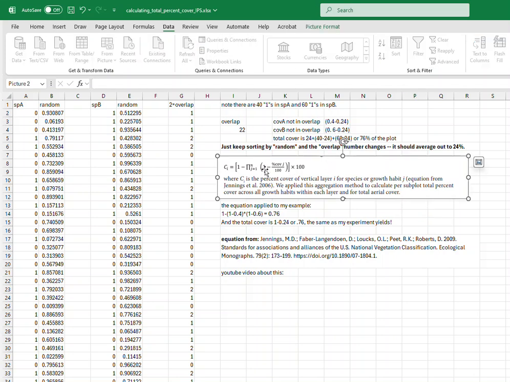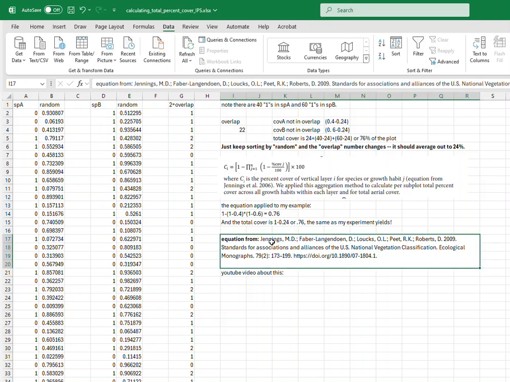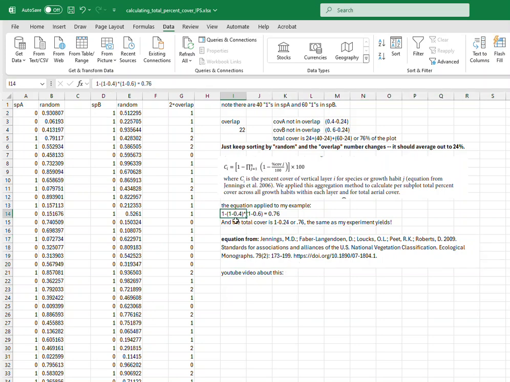But then we take this equation, which comes from this Jennings et al. paper, and we apply it to our example. It's just 1 minus 0.4 times 1 minus 0.6 equals 0.76, which is the exact same number that we get through our experiment, were we to have done it a bajillion times and gotten a 24 here. So what's the point?